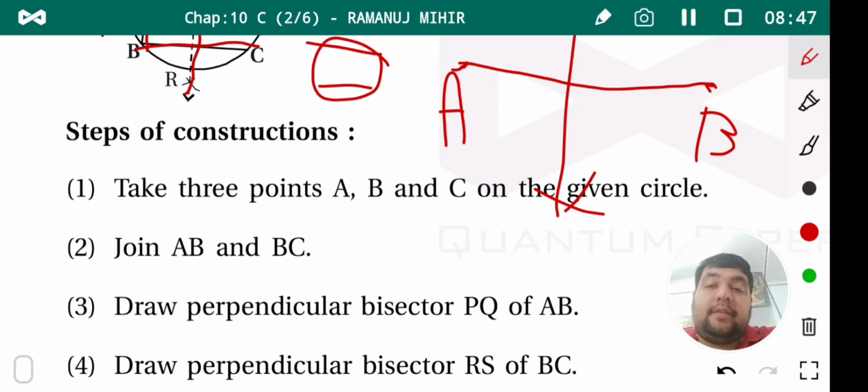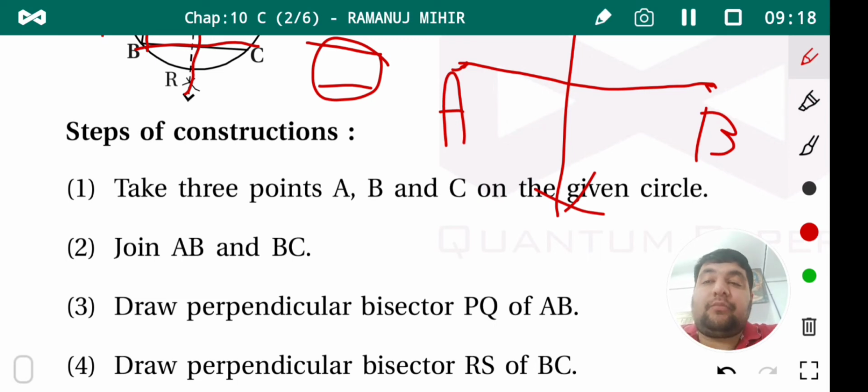We must write the steps, because if the construction is asked in the examination, 2 marks are for drawing and 2 marks are for steps. So a total of 4 marks will be provided to you if you have done both things, drawing of the construction and writing the steps.